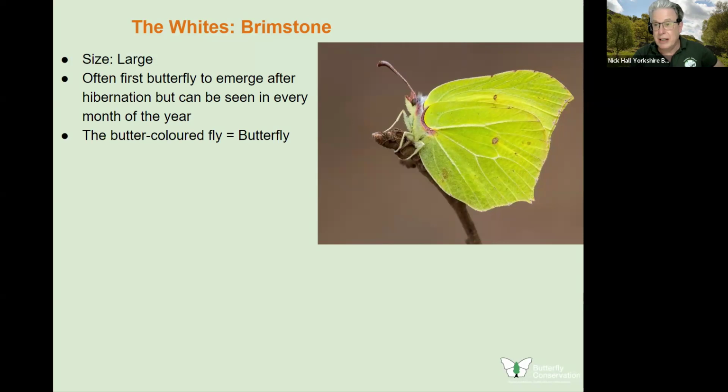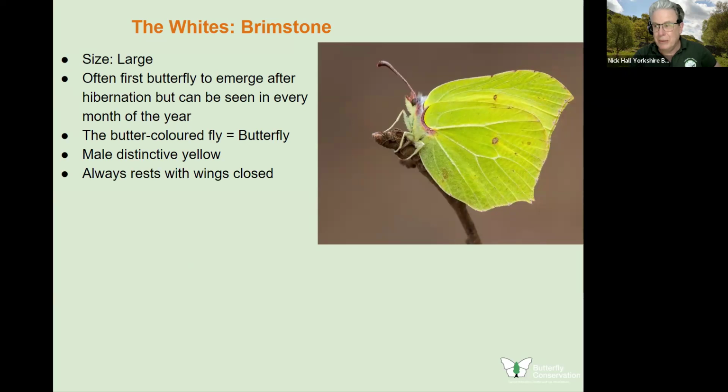Quite characteristic. In olden times, it was called the butter-colored fly, which was then transformed into the word we know, butterfly. So that's the origin of the word. The male, of course, is this distinctive yellow color, a joyous color when you see the first one of the year. It's a wonderful sight.